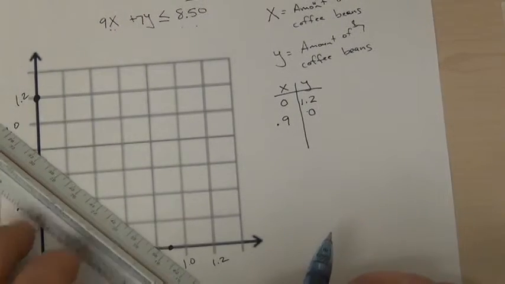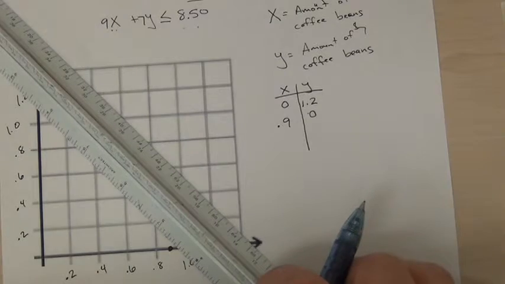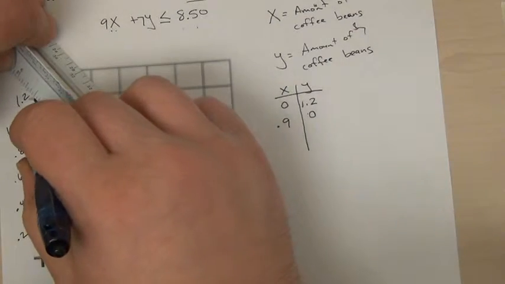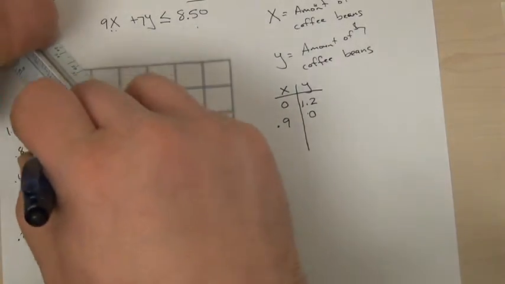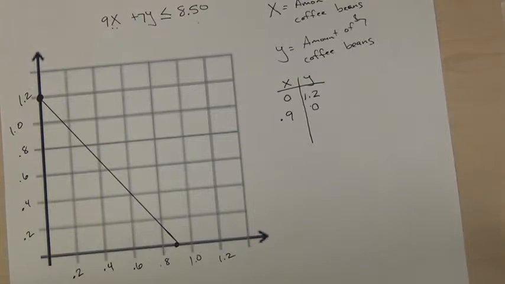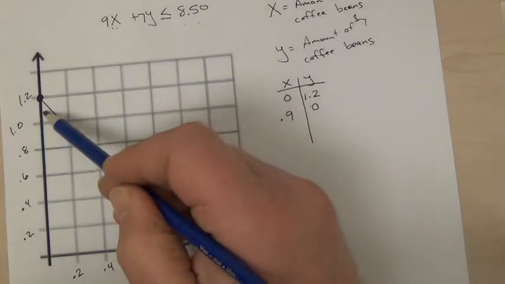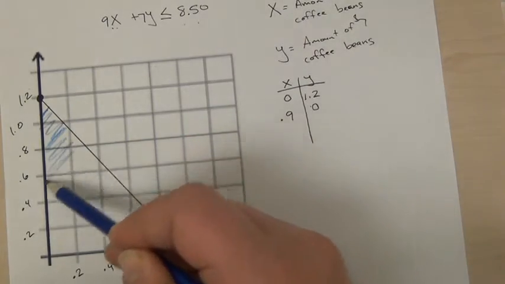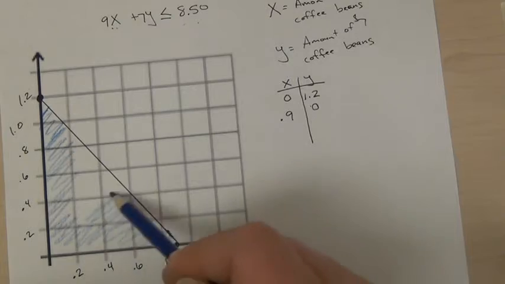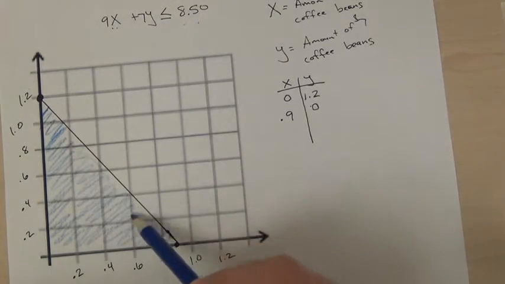So I can draw a solid line between those 2 points. And since it's less than or equal to, I'm going to shade below that line. But above the x-axis and to the right of the y-axis, because everything needs to stay positive.